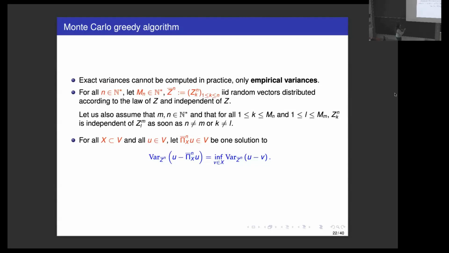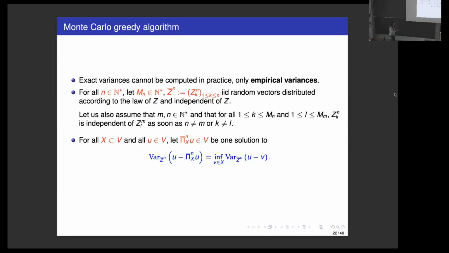And so that's why I need to introduce a few more notations. Sorry for that. For any iteration n of the greedy algorithm, the exact variances will be approximated by empirical variances associated to some random samples of cardinality mn. The collection of these mn i.i.d. random vectors used at iteration n will be denoted by z bar n, a collection of z k n for k between 1 and mn.